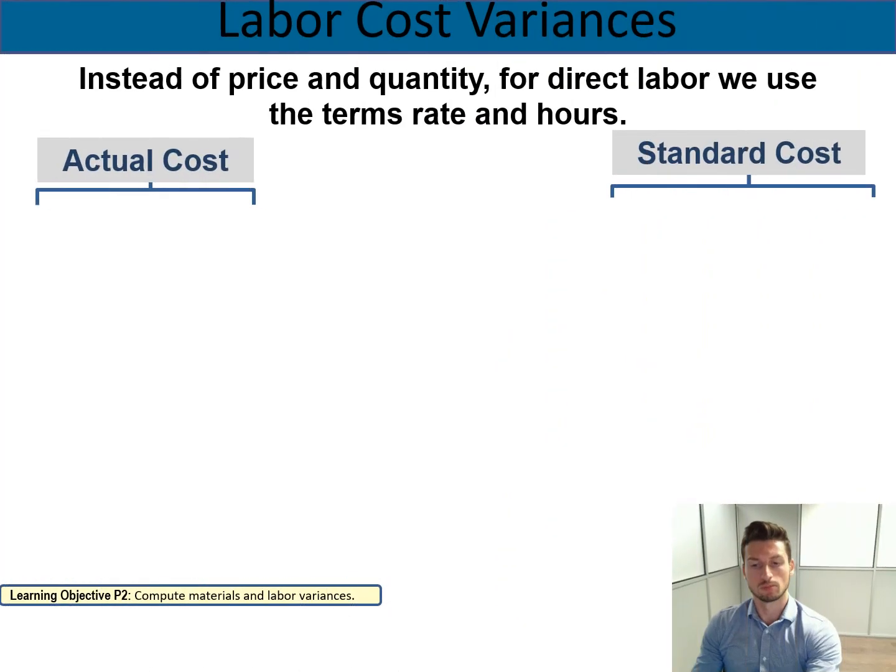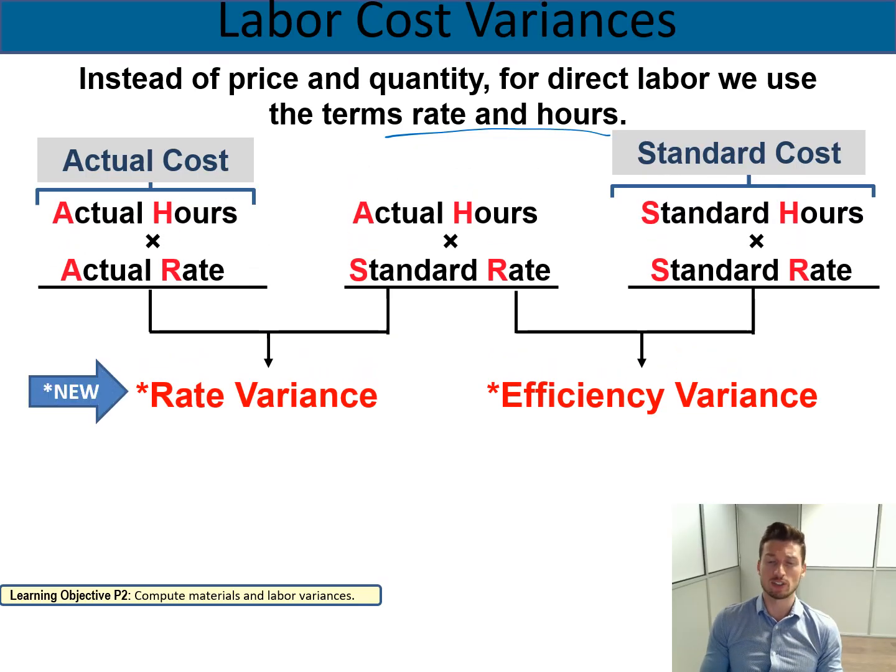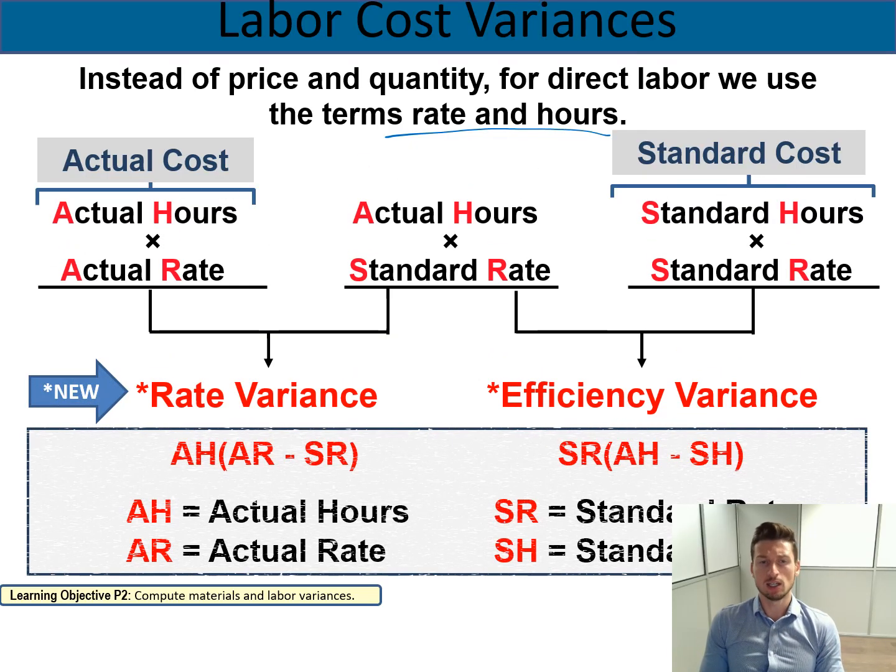Okay. Here now we're going to talk about labor cost variance. Instead of price and quantity variances, for direct labor we're going to use rate and hours. Here you have the extended formula, and here you have the shortcut of the formula, which is easier, I think. So what is your rate variance?